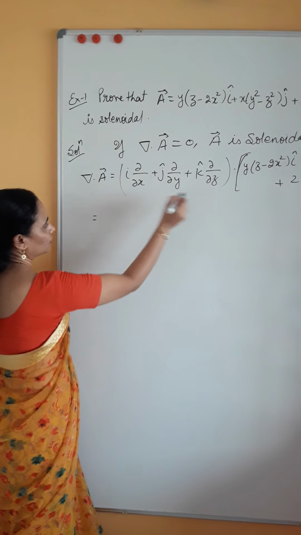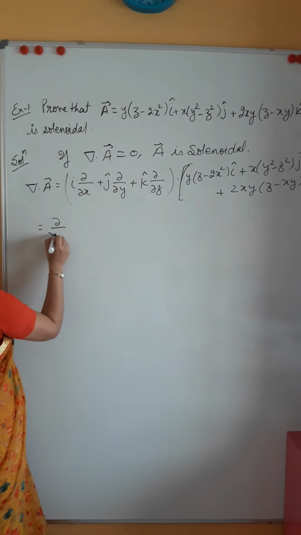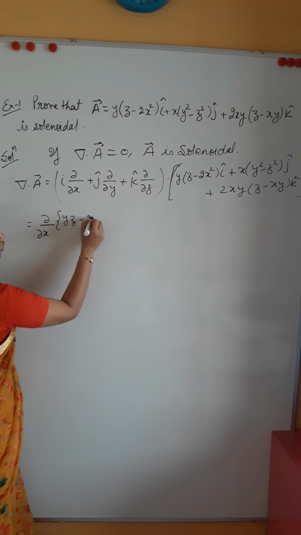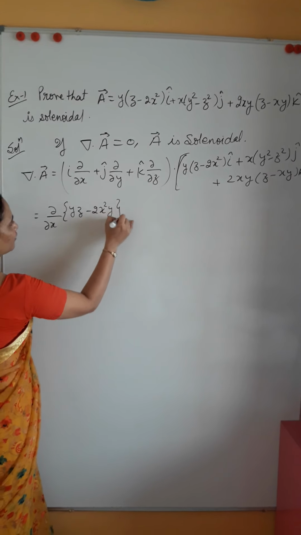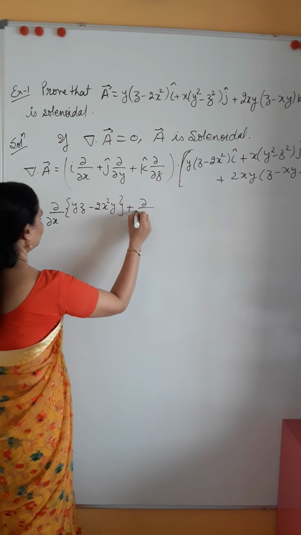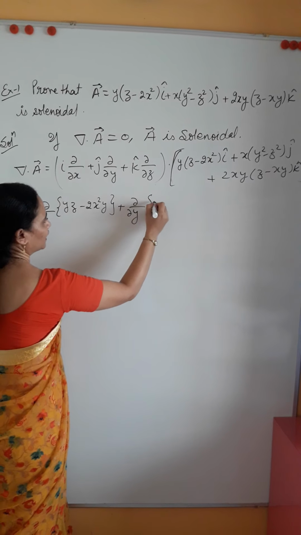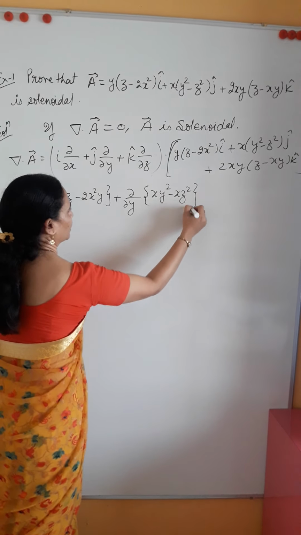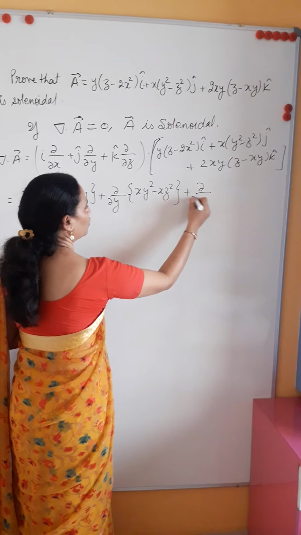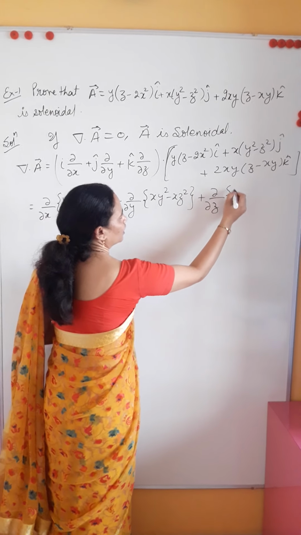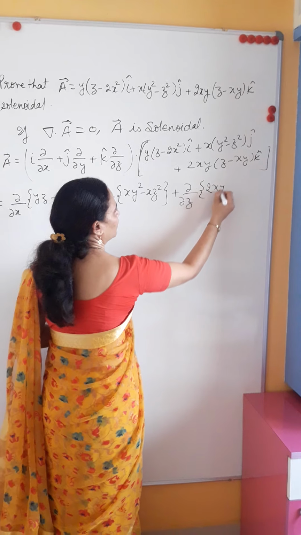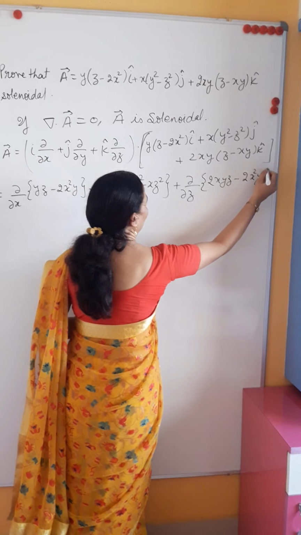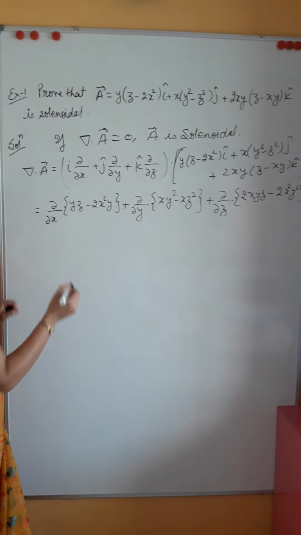Now this is equal to dou by dou x. So if we do this dot product, this is equal to dou by dou x of yz minus 2x square y. I have written that in expansion form. Multiplied with this value, xy square minus xz square, plus dou by dou z of 2xyz minus 2x square y square. Now let's find out the value.